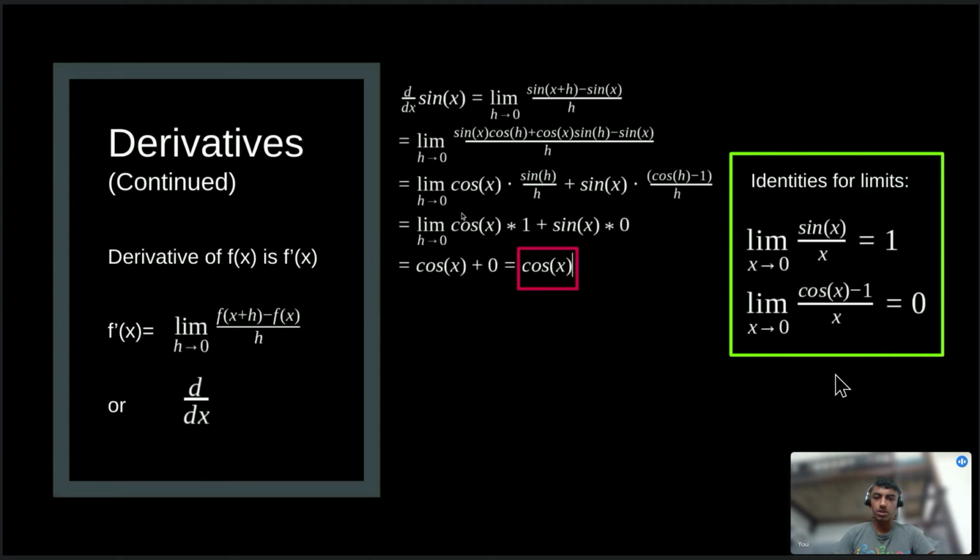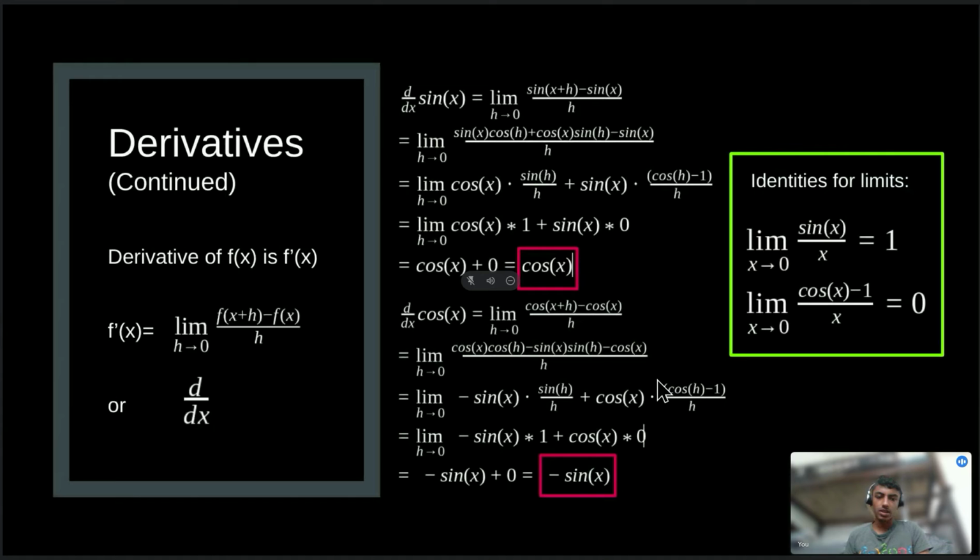Because h is going to 0, we can apply this rule on it. That means this value becomes 1. And as you see here, the second rule will apply because h is still going to 0, and you can say that equals 0. That results in cosine of x times 1 plus sine of x times 0, which just equals cosine of x plus 0, which equals cosine of x.